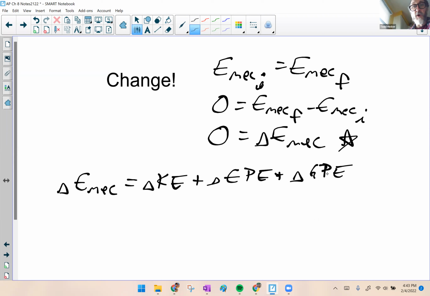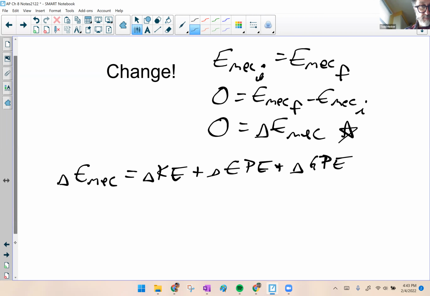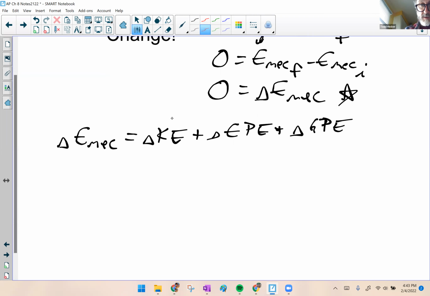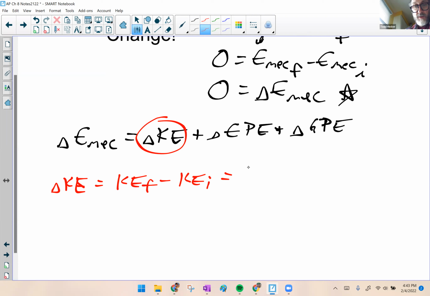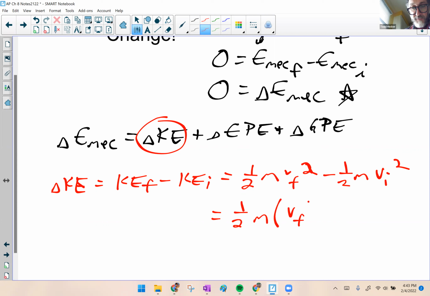Remember, change is always final minus initial. So let's write out what each of these are. Change in kinetic energy is kinetic energy final minus kinetic energy initial. That's 1/2 m Vf squared minus 1/2 m Vi squared, which is 1/2 m times (Vf squared minus Vi squared).